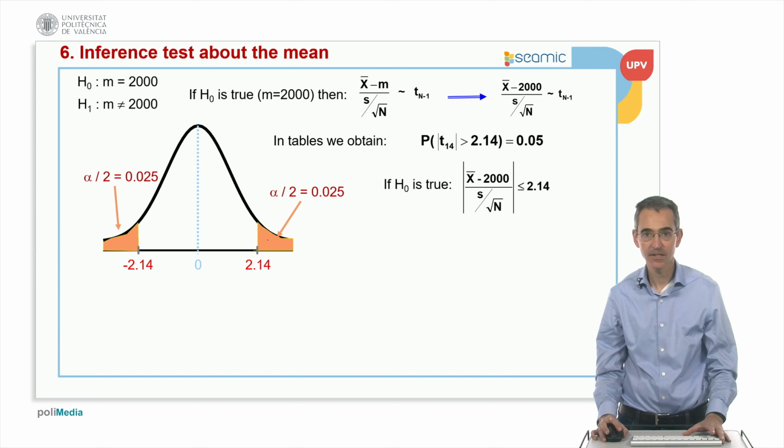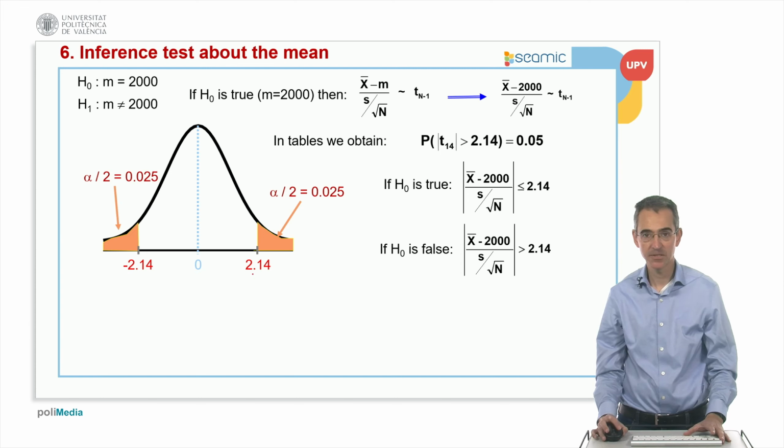Good. So if the null hypothesis is true, when we compute the sample average minus 2000, divided by the sample standard deviation divided by the square root of n, it should be a frequent value of this distribution. It means that this value should be between minus 2.14 and 2.14.